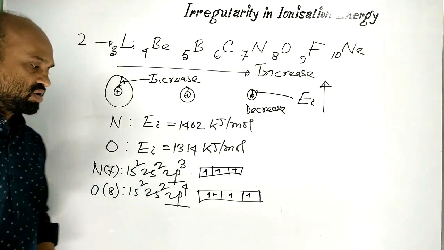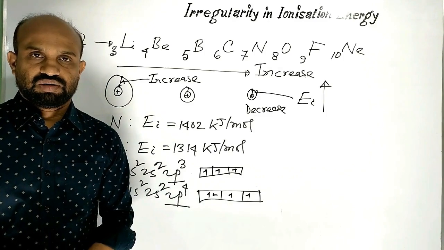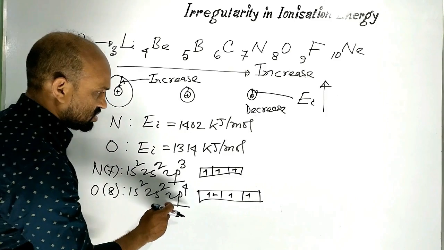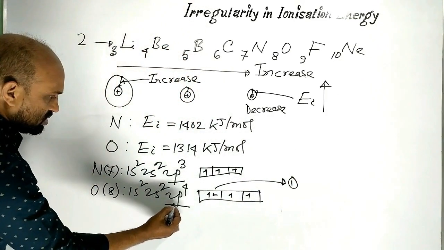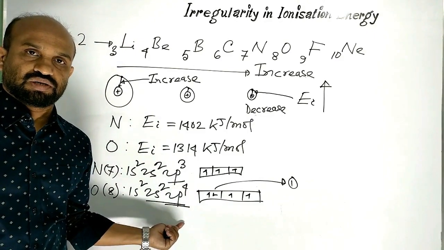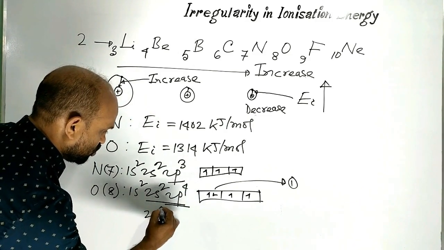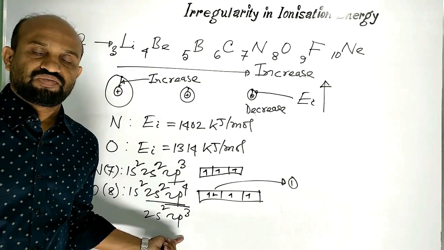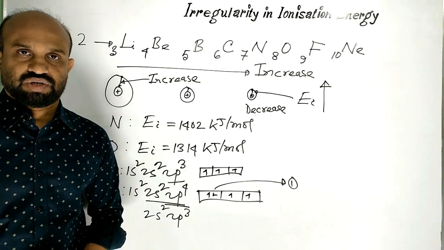Electronic configuration of oxygen is unstable. This is number one. Number two, from this unstable electronic configuration, when one electron is removed, then it becomes a stable electronic configuration. That is, after removing one electron, it becomes 2s2, 2p3, which is half-filled orbital, that is stable electronic configuration.